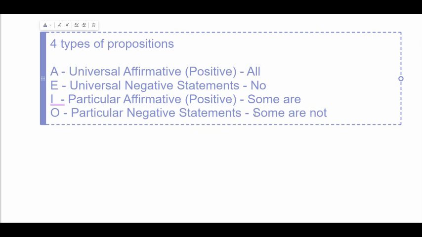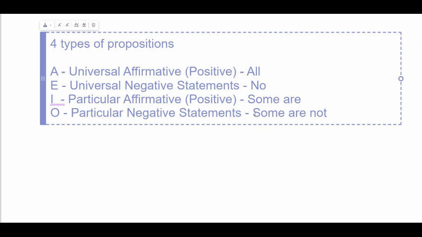All humans are mortal. Mortal means they can die. So all humans can die. Let's make it a more simple example. All birds can fly.